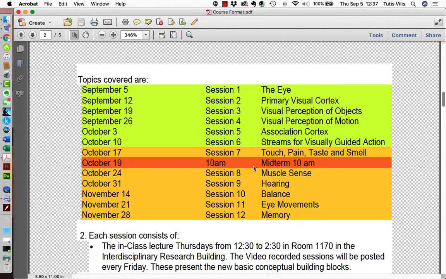And then we'll cover all these other subjects, touch and everything related to the skin areas of your body. We'll see that underneath the skin areas, within the muscles themselves, you have sensors that tell you exactly where your arm is at this moment.